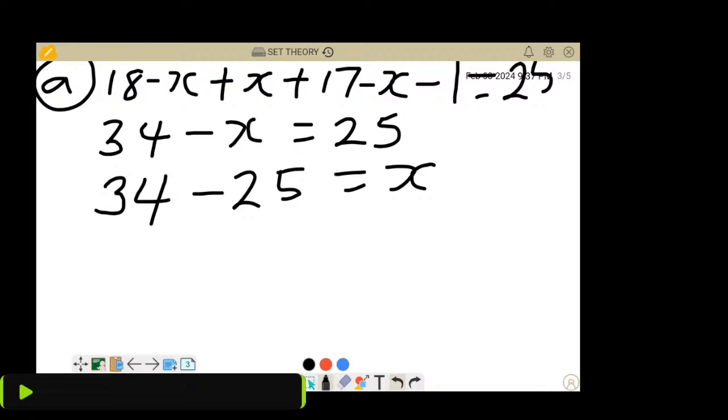Oh, sorry for that. 18 plus 17 is 35, and that minus 1 will give us 34. Okay, 34 minus 25 will give us 9, and that's the number that passed both subjects.